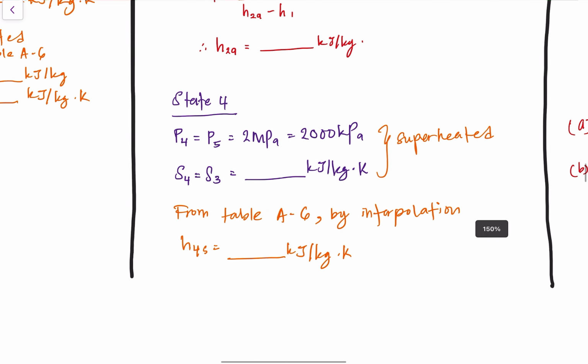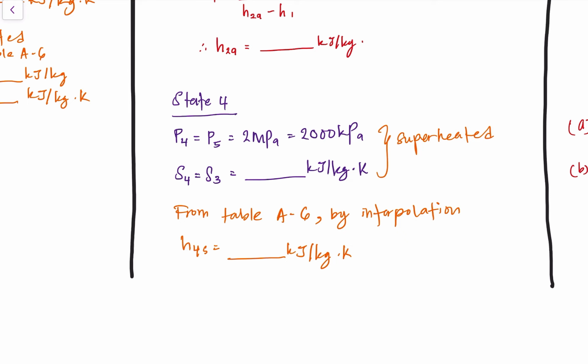Alright, so then now you know state 4 is in superheated phase, thus you can find the enthalpy for the isentropic process H4S from table A6, referring to the pressure, and you find the range, the location of the entropy at state 4.